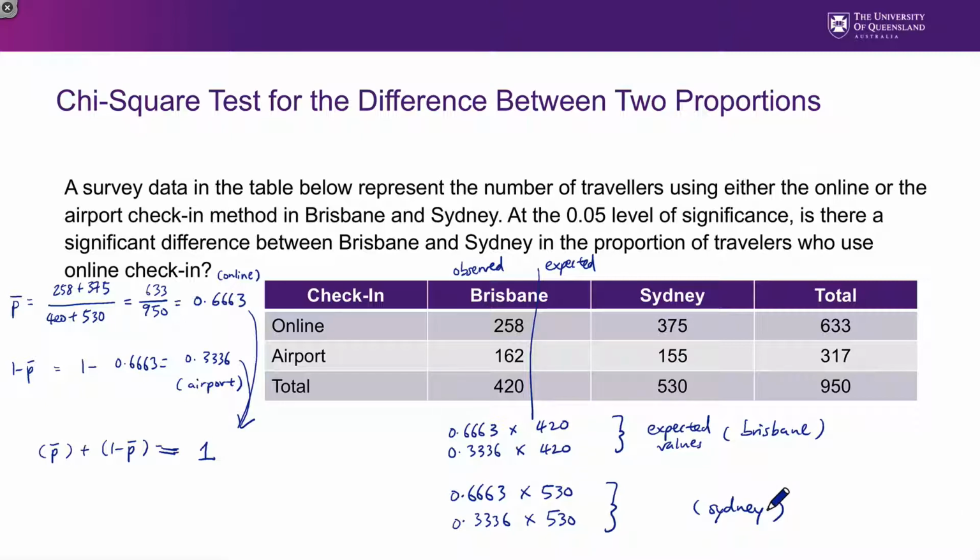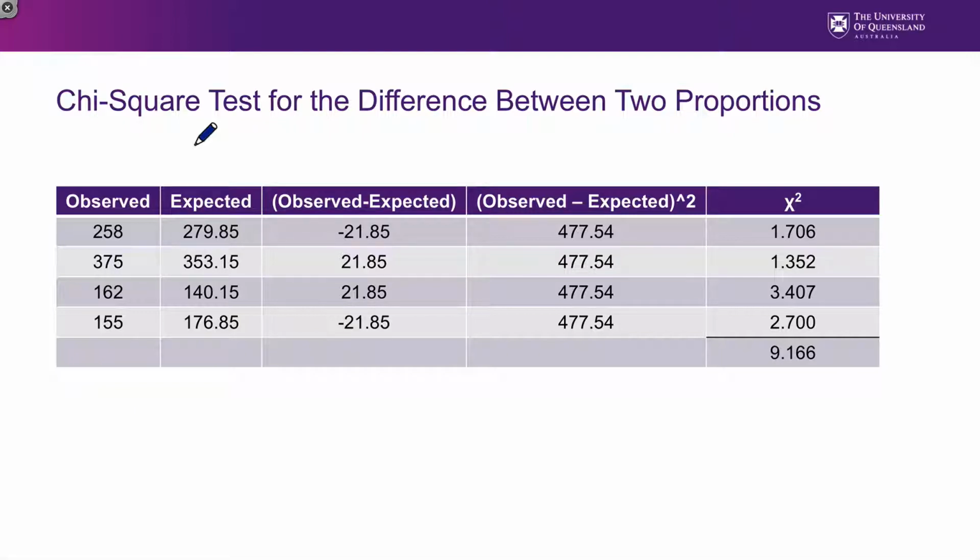And now we'll look at a table where all of the expected values have been worked out for us. So over here you can see that with the expected values, we have 0.6663 multiplied by 420, and this one over here was 0.6663 multiplied by 530. So the assumption for our chi-square test is that the expected frequencies have to be equal to or greater than 5.